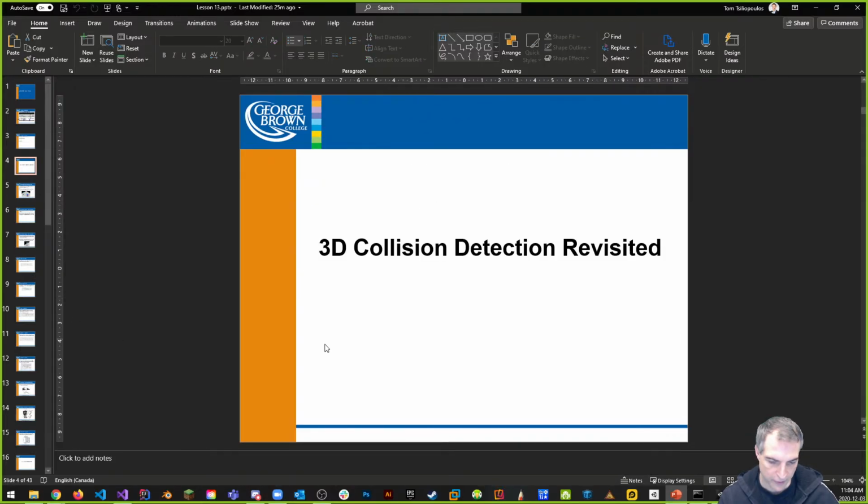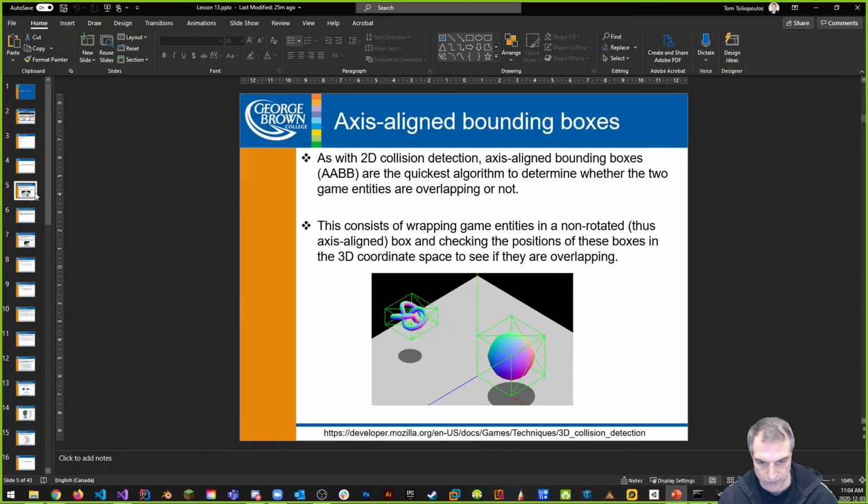Let's talk a little bit about 3D collision detection revisited, just one more time. And I'm going to use some of these equations today. So again, just like with 2D collision, an axis-aligned bounding box is probably the most common collision detection collision shape, if you will. It's easy because we just need to take its extents and wrap it around.